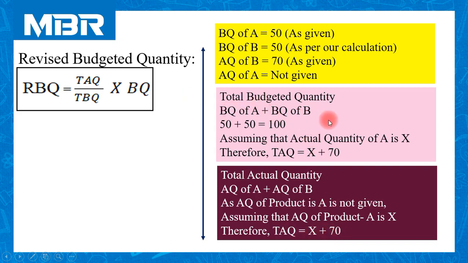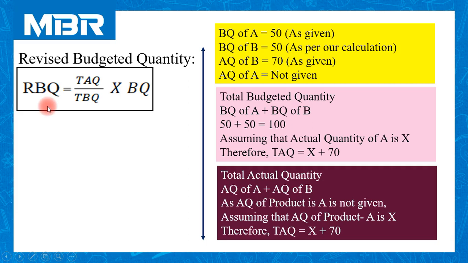In second number table, that is marked with light pink color, I have written directly TAQ, X plus 70. But if you are not clear, you can understand through the third box, calculation of total actual quantity in detail.